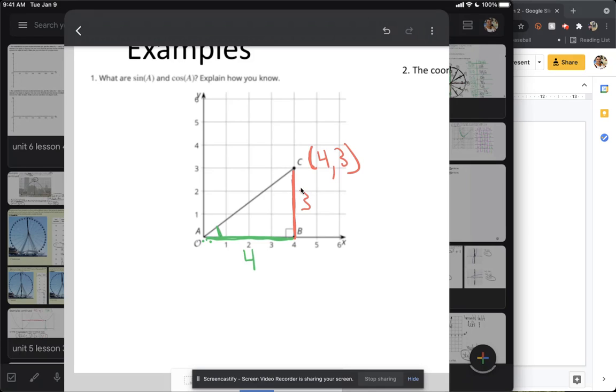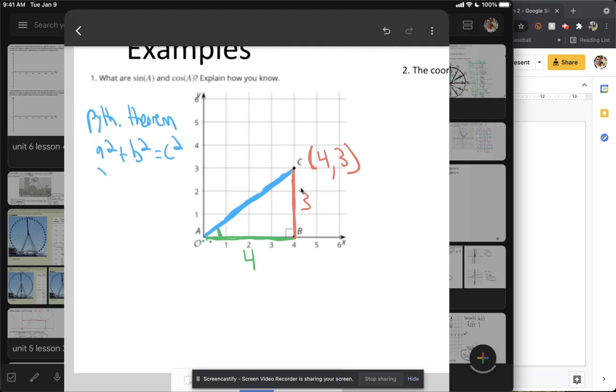What I don't know is the length of the radius here, the length of the hypotenuse. So to figure out the length of the hypotenuse, I have to use the Pythagorean theorem. Remember, the Pythagorean theorem is a squared plus b squared equals c squared.